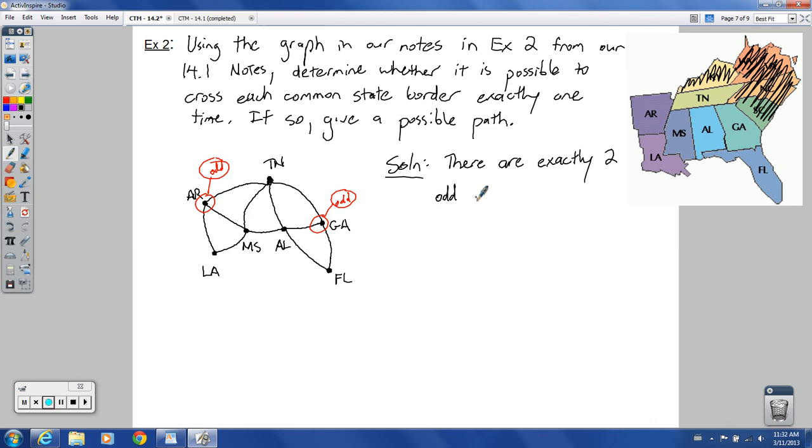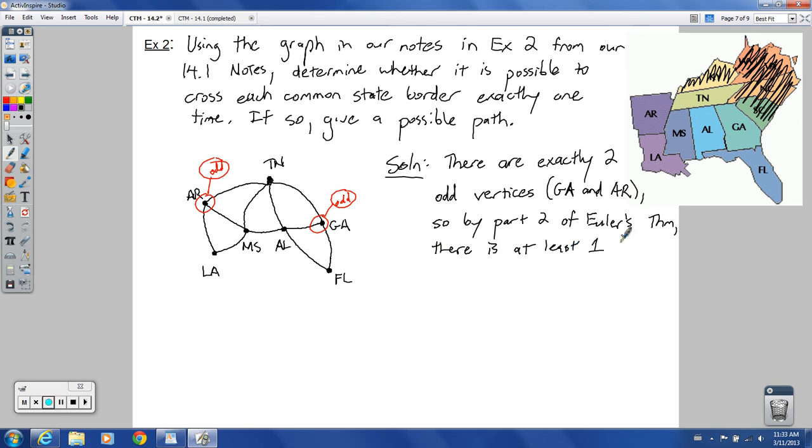But there are exactly 2 odd vertices. We saw them here. We counted them up. It was just Arkansas and Georgia. So just those 2. So by part 2 of Euler's theorem, there is at least 1 Euler path.